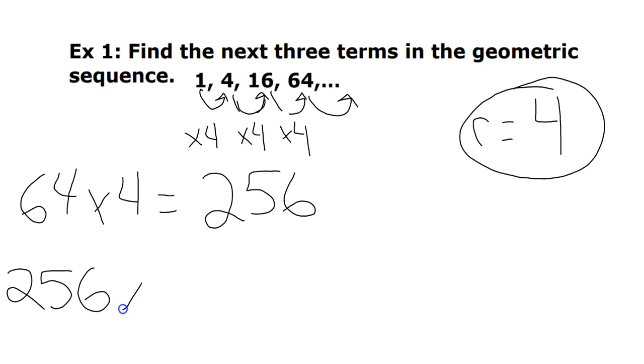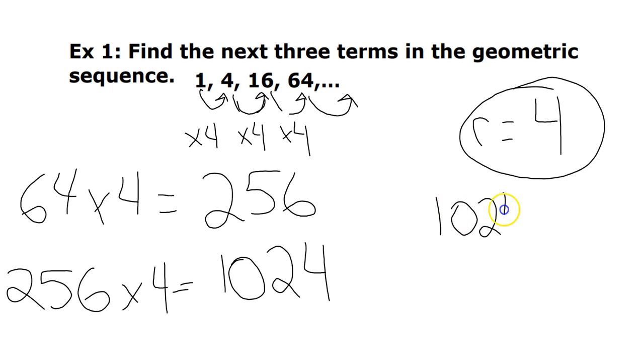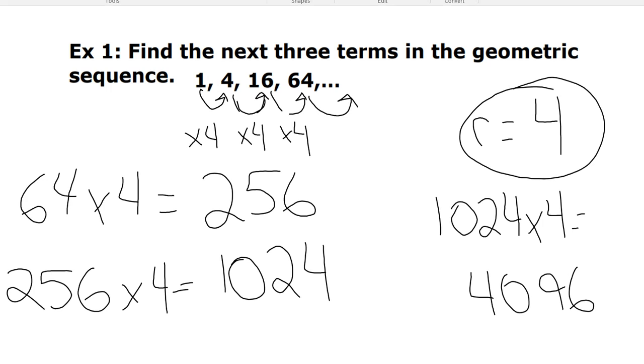Multiply by our common ratio, which is 4, and that'll give us 1024. Do the same thing to find our third and final term. Take this number, multiply it by 4, and we get 4096.